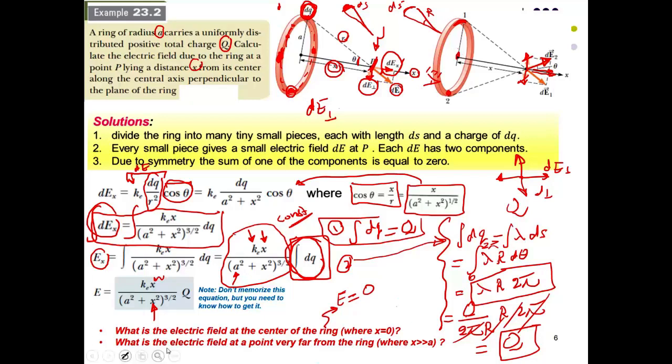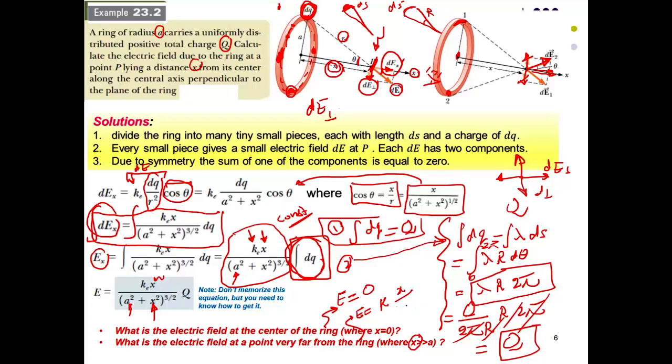The second question, what's the electric field at a point very far? So now x is very large compared to a. Well, if x is very large, you could cancel a, right? The answer will be E equal to K, now x is very large, so it's equal to x divided by x squared.